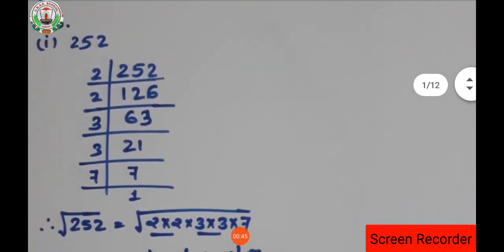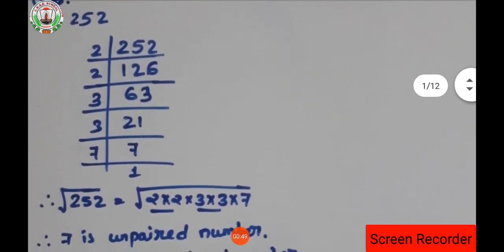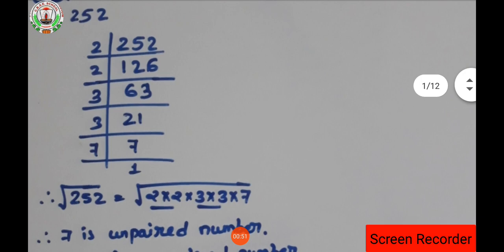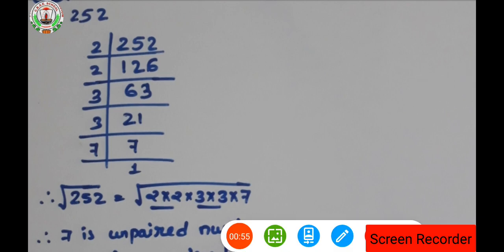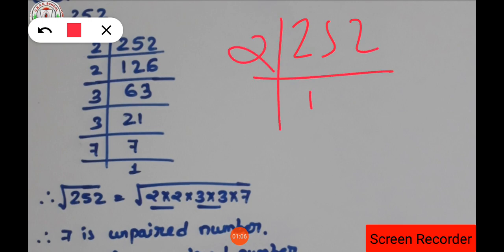So the first thing to solve this question is to find the factors. As you know how to find the factors, it is very easy. So let's start. The number we have is 252. Find the factors. 252 goes in the table of 2 how many times? 126.